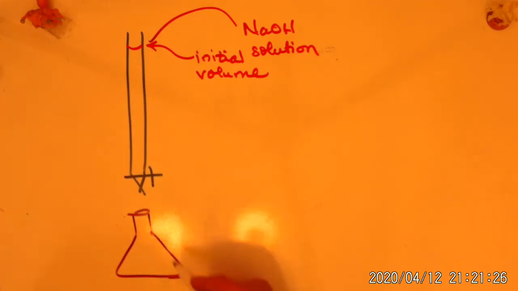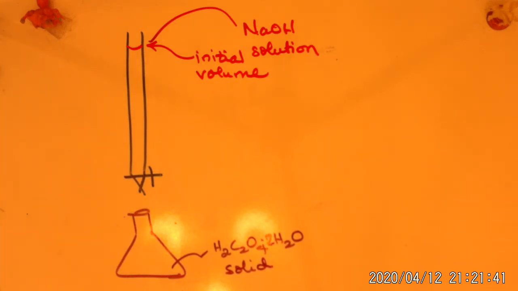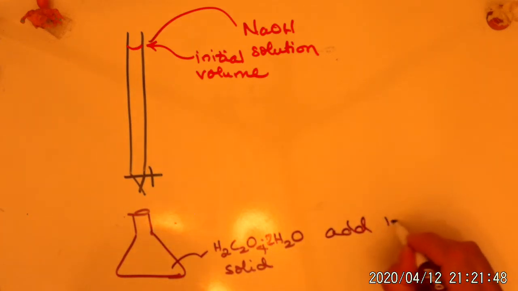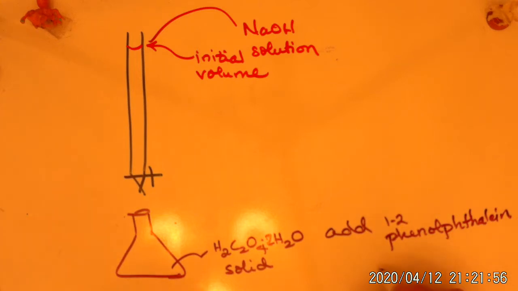in your Erlenmeyer flask, you're going to put in your oxalic acid dihydrate, which is a solid, so it's easy to weigh the mass. And you're going to add indicators. So you add 1 to 2 drops of phenolphthalein. Okay, and this is your indicator.